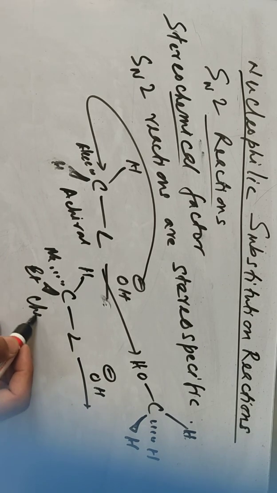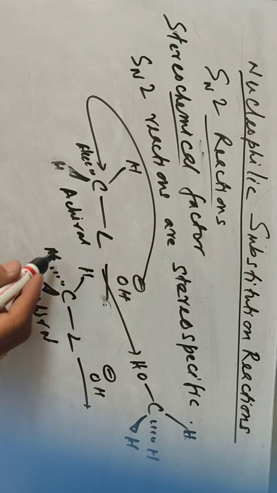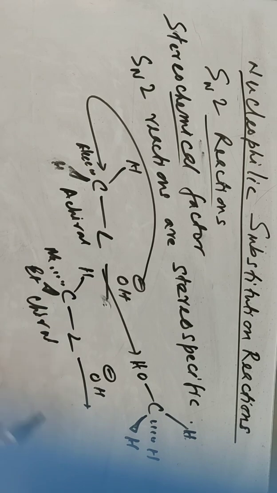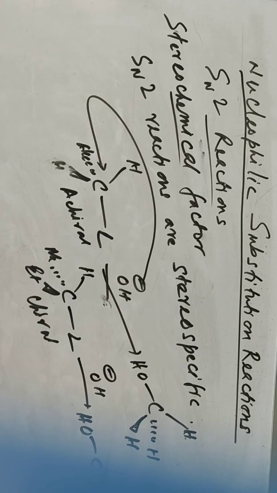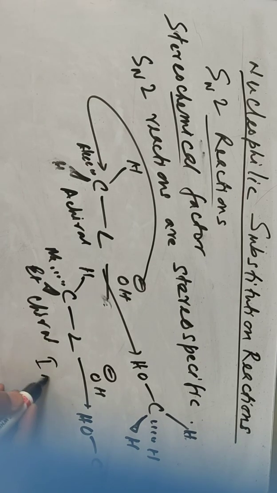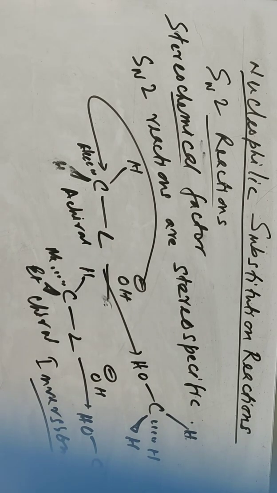For a chiral compound, the substituents are all different: hydrogen, methyl, and ethyl. Here also it gives only one product. Here hydrogen, then methyl, then ethyl, then the OH group. If it is S it will give R, or R will give S, so inversion of configuration takes place.